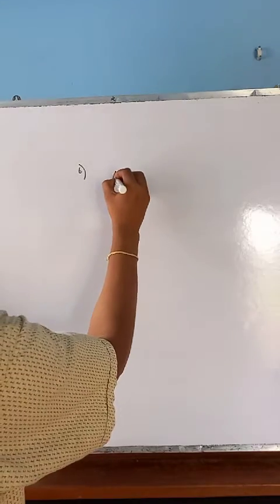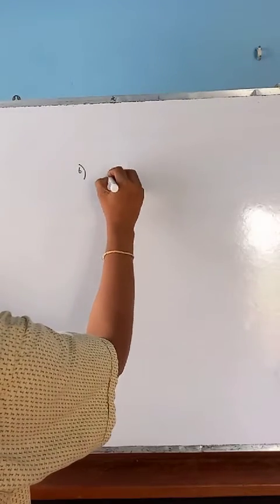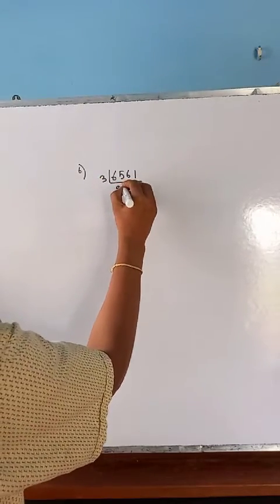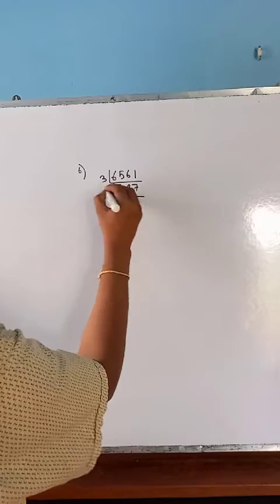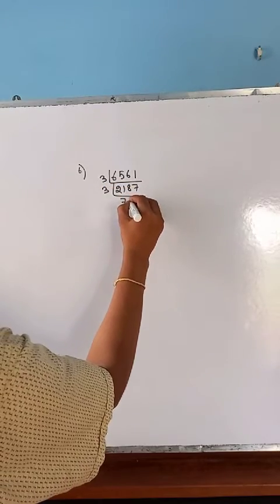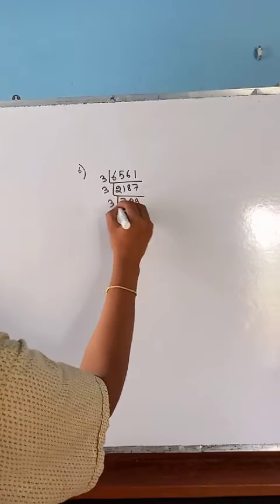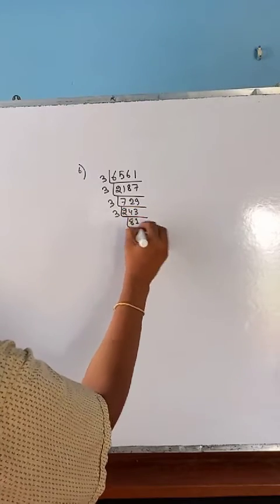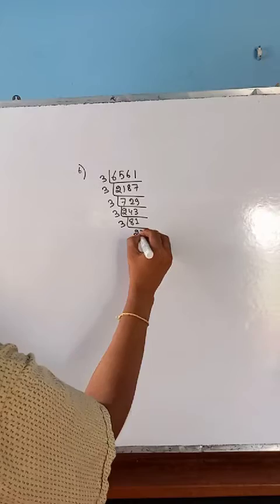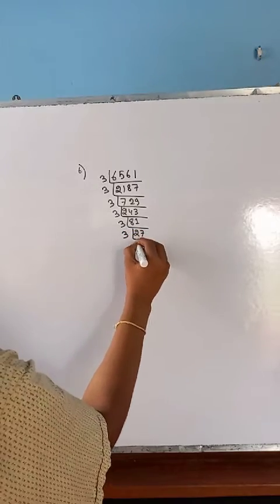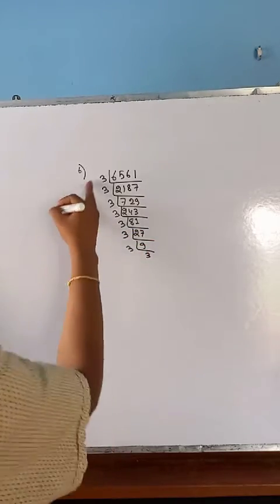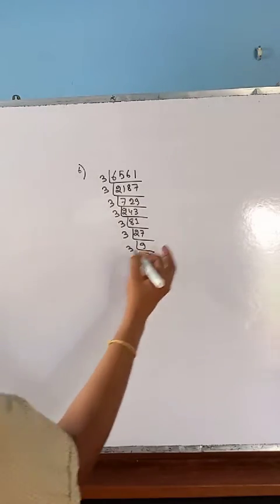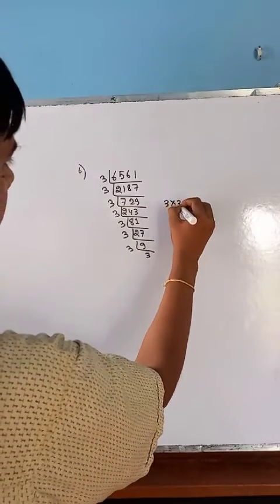Whenever you do the factorization, you get a 3 here, another 3 here, again. How many 3s do you get? 1, 2, 3, 4, 5, 6, 7, 8. 8.